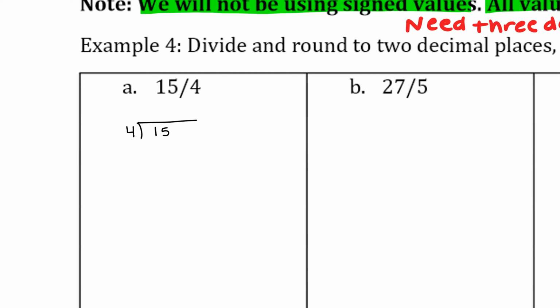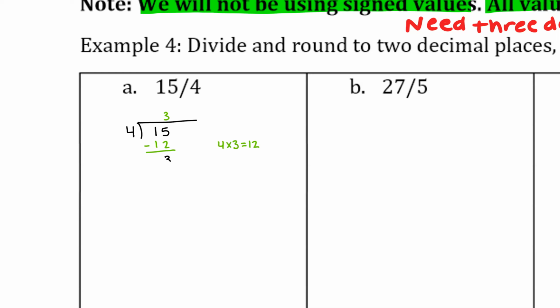So we're going to say, what number do we need to multiply 4 by to get close to 15? We know 4 times 3 makes 12. So we'll put the 3 upstairs and the 12 downstairs, and we'll subtract that 12.